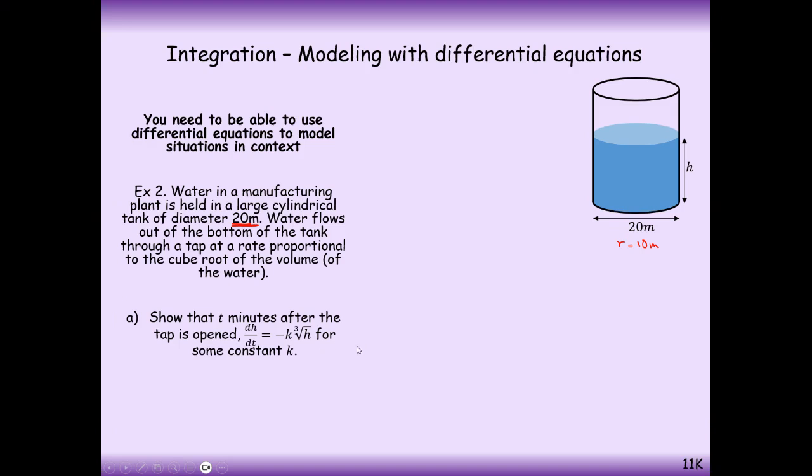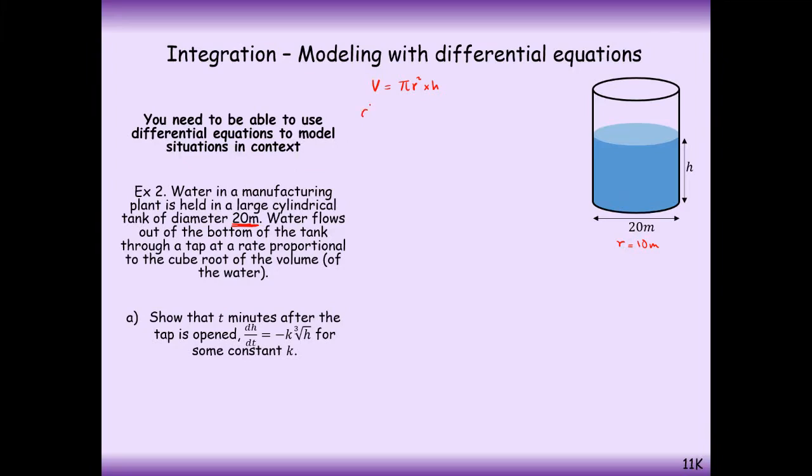So we are asked to calculate dH by dt. But where can we go and how can we do that? All we know is the volume of the water in the cylinder, not the cylinder itself. We are mainly concerned with the water, which is the base area of the cylinder multiplied by the height of the water.